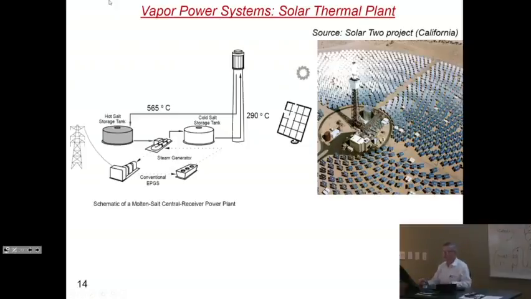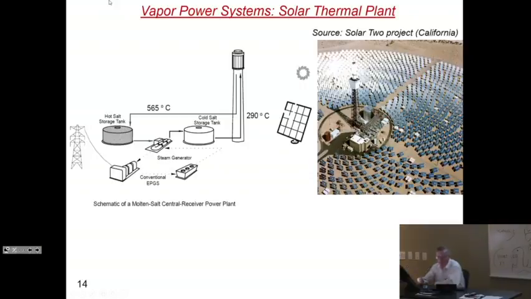A third source of heat are solar thermal plants. So in the solar thermal plants, the steam generator is here. What you do is you concentrate a large number of mirrors to heat up water in this tower. So this is the focal point of all these mirrors. That is where the high temperature is reached. And then this temperature is stored temporarily in salt storage tanks.